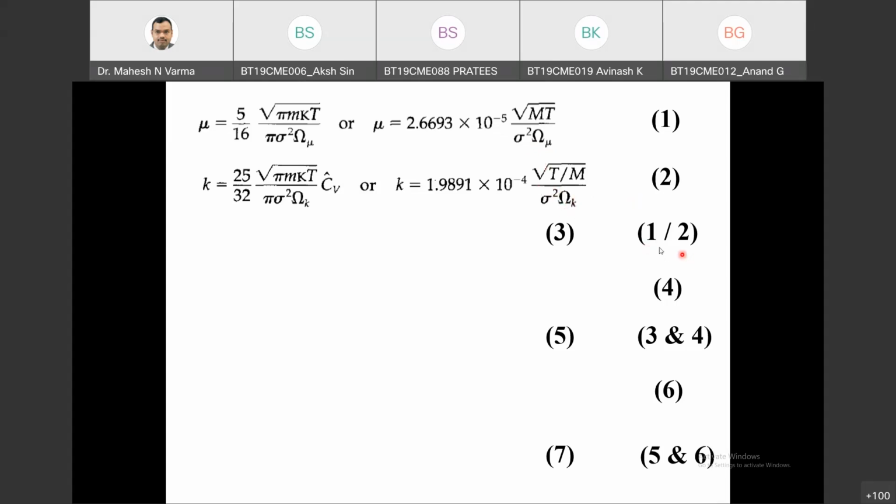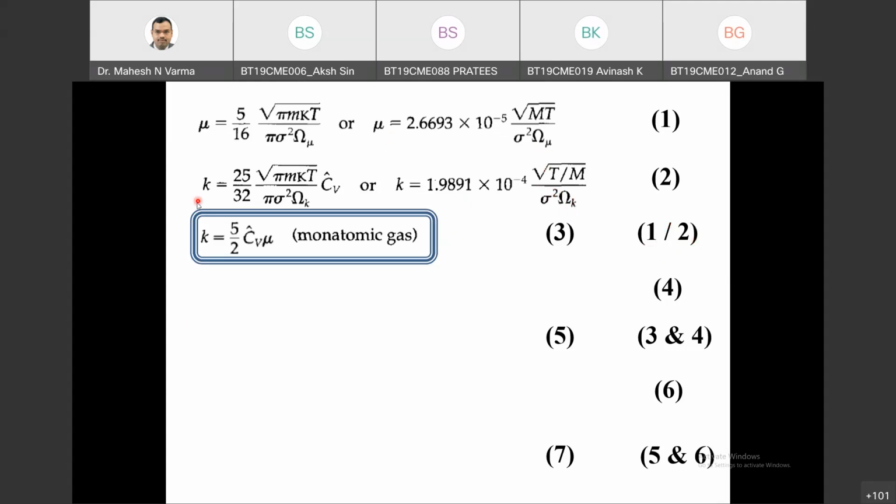Dividing equation 1 by 2, that is, dividing mu by k, and rearranging the equation, you will get k equals 5 by 2 CV into mu. CV can be correlated with the gas constant through thermodynamic relations: CV equals 3 by 2 R by M. This is what I was telling you; sometimes you will not get this M. M is the molecular mass, and that depends on which unit you want, specific to molar or mass.